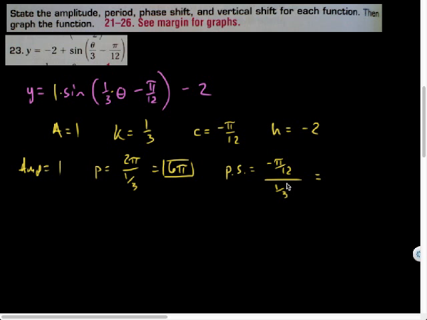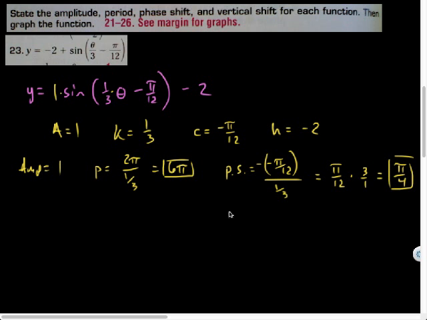Now dividing by a third, as I said a moment ago, is the same as multiplying by 3. Actually, I said negative of that, so technically, sorry, that would be opposite. So this is going to be pi twelfths multiplied by 3 over 1. 12 and 3 cross cancel partially. I'm going to get pi over 4 as my phase shift. All right, so that was one of the new concepts for us.